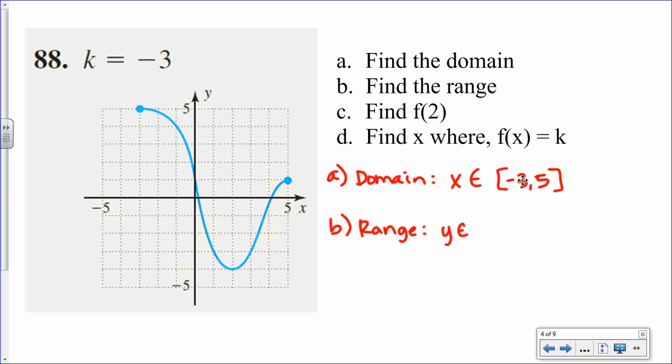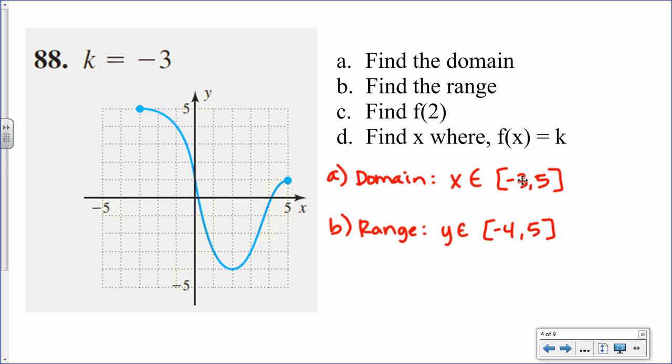Okay, Susan, what about your range? Good. So negative 4 to 5. Range is your bottom to top. Domain is left to right. These are your boundaries. If you're going to box this in, this is what you would have your boundaries from.